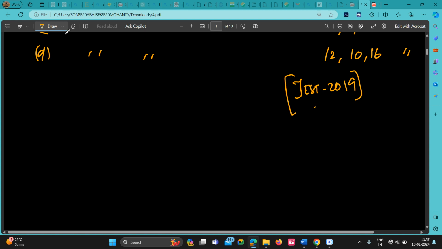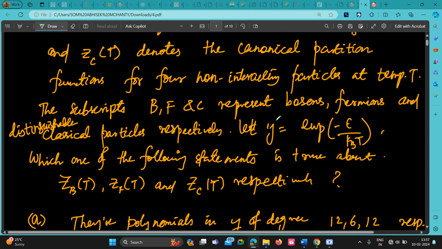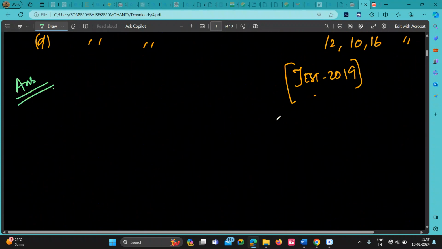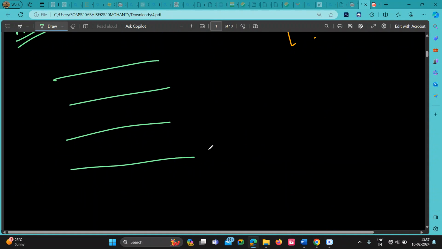Let's try. This question came in 2019. So see, four particles and energy levels are also four: 0, epsilon, 2 epsilon, 3 epsilon.